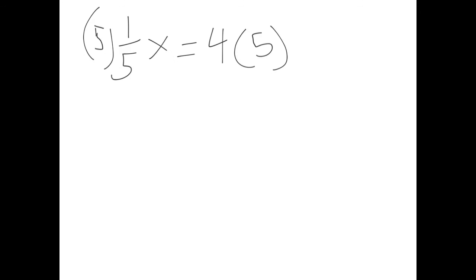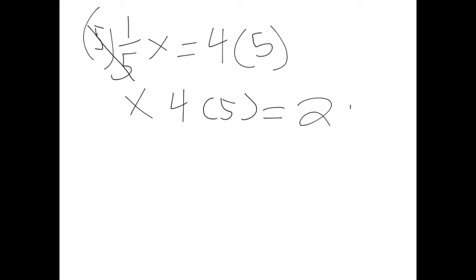So this is how you would do equations with fractions inside. So these would cancel out, and then x equals 4 times 5, which equals 20.